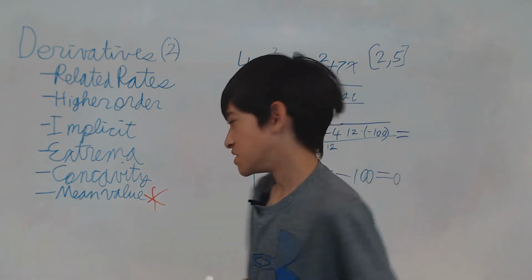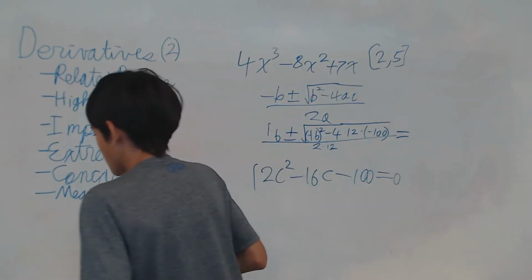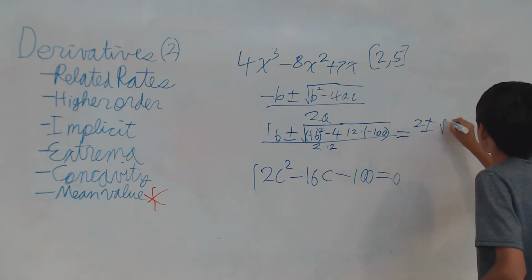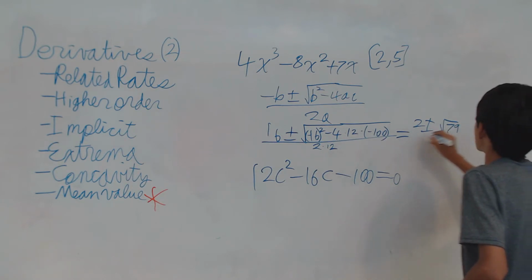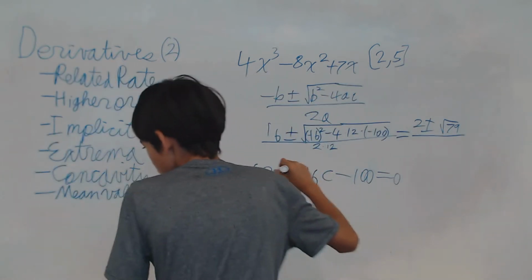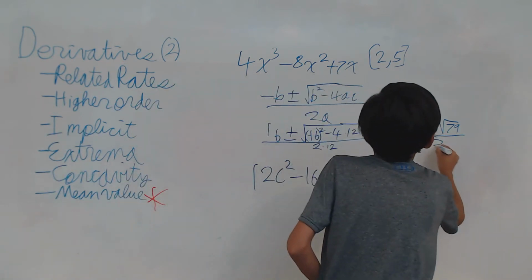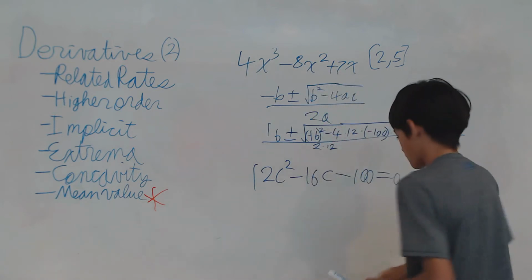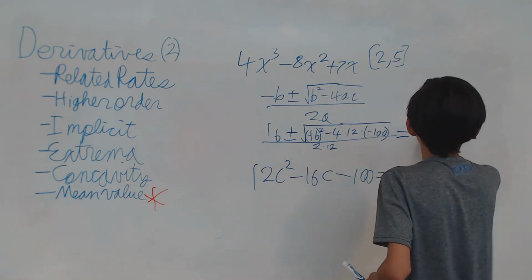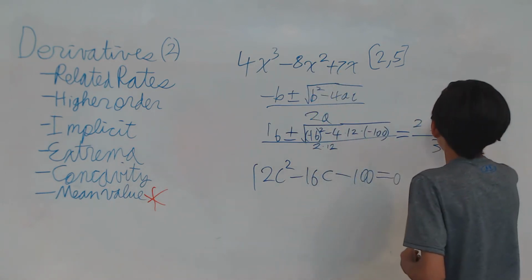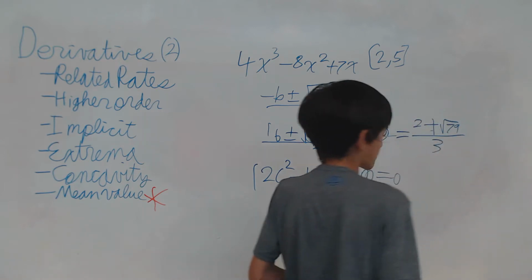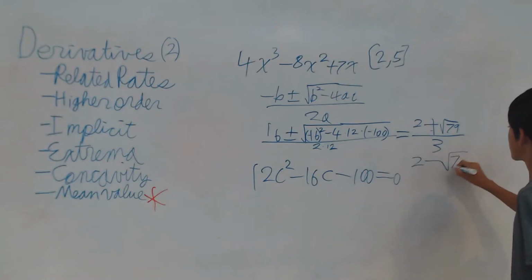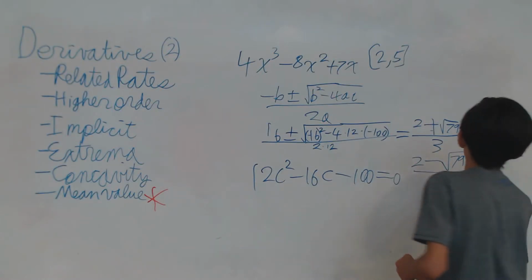This would be equal to about 2 plus or minus the square root of 79 all over 3. Now let me split this up into two of them. So the first one's going to be 2 plus, just simply splitting up the plus or minus, alright? And the second is 2 minus the square root of 79 all over 3.